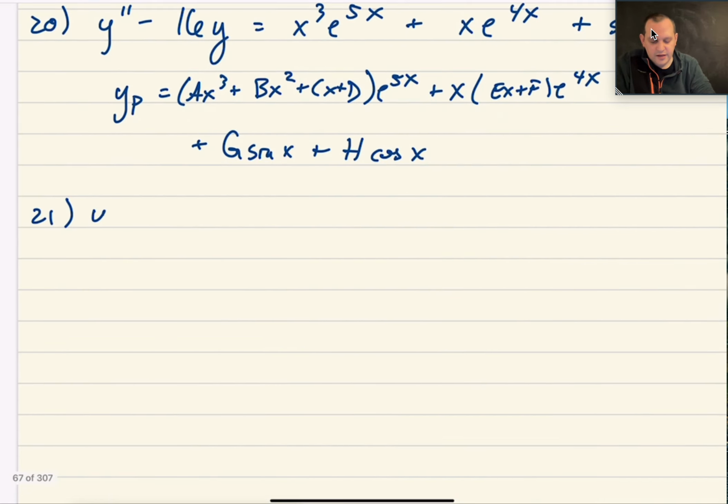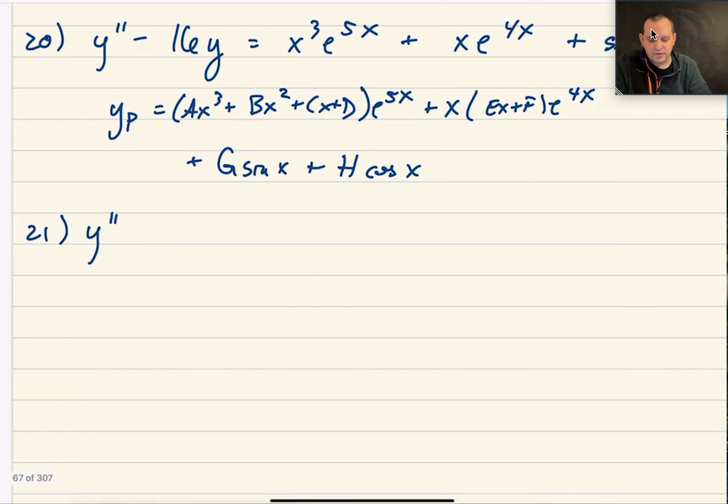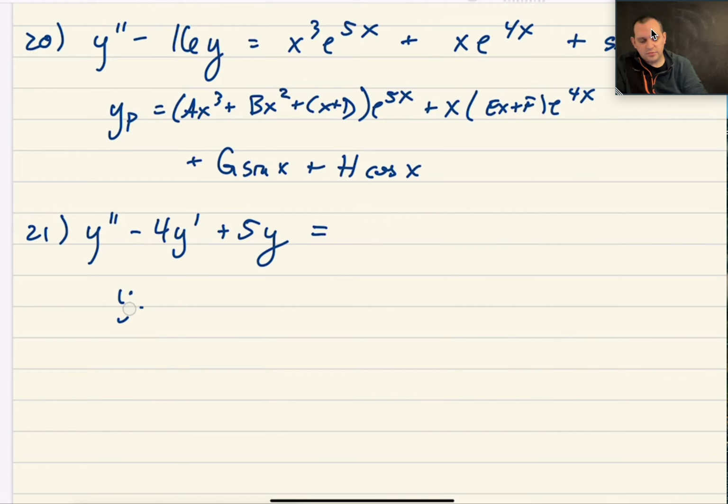And then I think it's also worth talking about something like this. If we were to have y double prime minus 4y prime plus 5y equals, whatever the right side is, the characteristic equation of the associated homogeneous equation would be r squared minus 4r plus 5 equals 0. So that's going to be r is 2 plus or minus i.